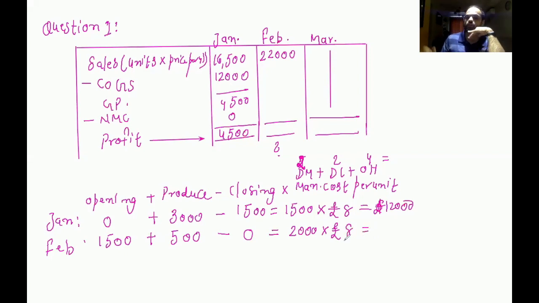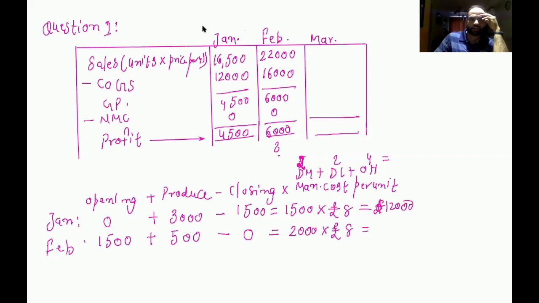Your manufacturing cost will be the same, which is 16,000. So it will be gross profit 6,000.